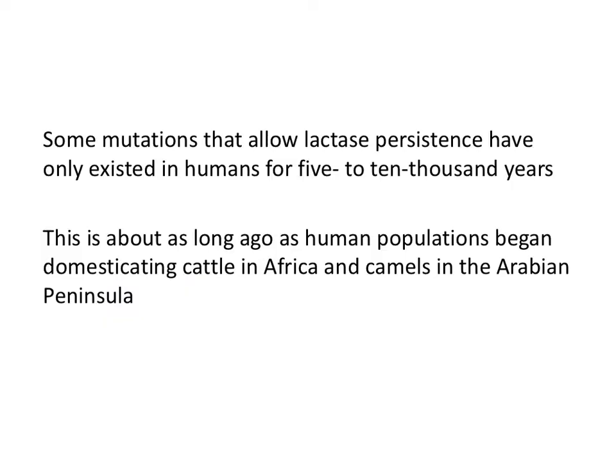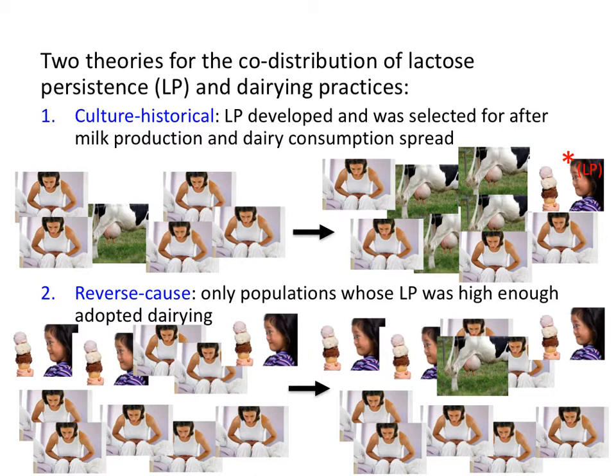So they noticed that this one mutation, the -13,910 mutation, has been around about as long ago as human populations started domesticating cattle, goats, camels, and other organisms for producing milk for us to consume. So they ended this paper not with some dry genetic conclusion, but rather they came up with two different hypotheses.